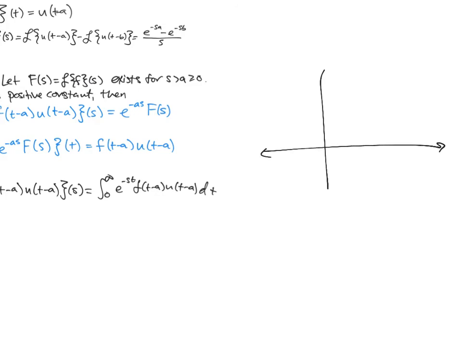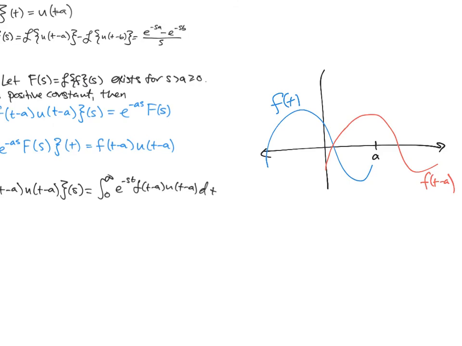We are shifting things. First we start off with maybe some f that looks like this. So this is f of t. And then if we shift it over to a, our shifted one might look like this, f of t minus a. And if we now multiply that by the u of t minus a, we're going to erase everything that came before it.